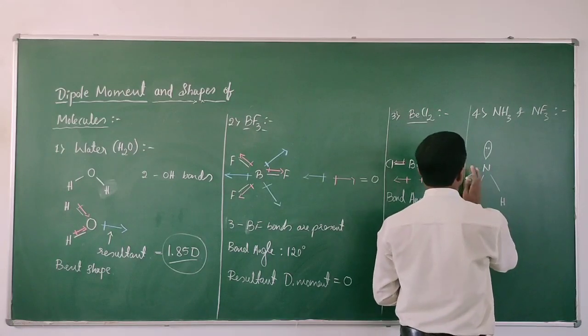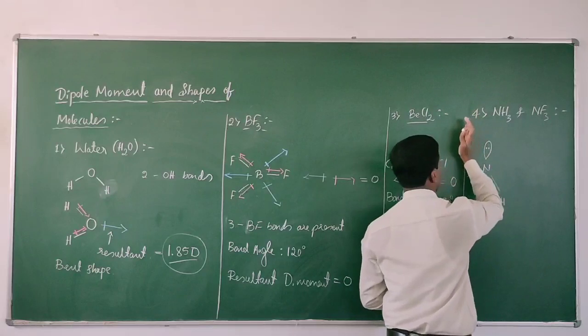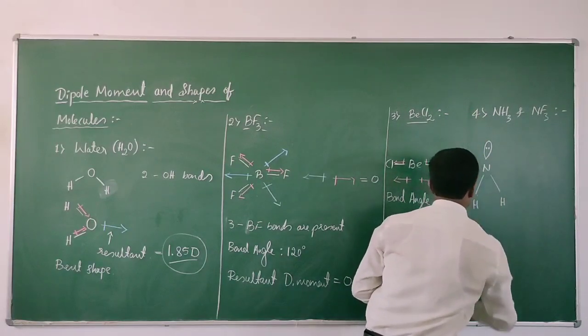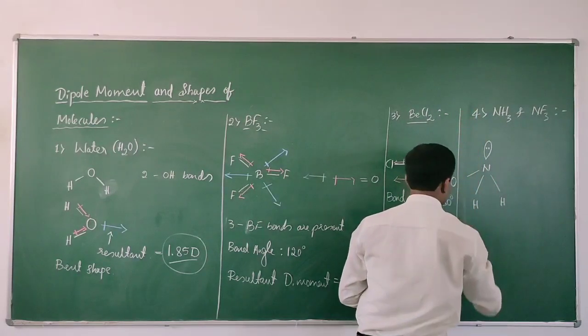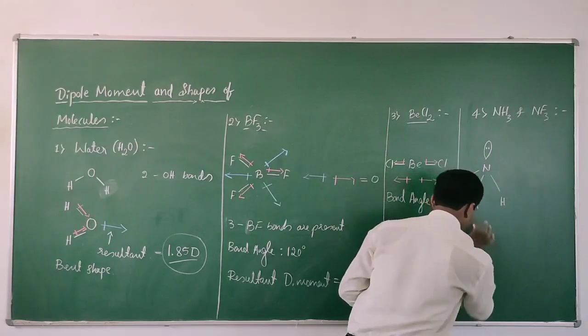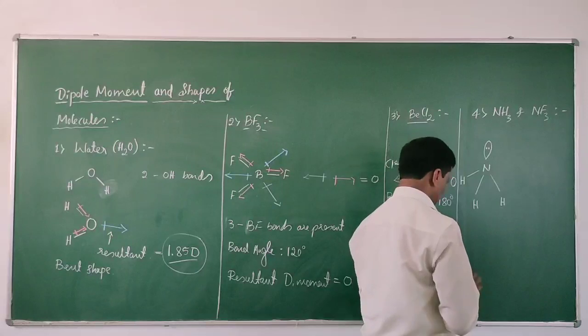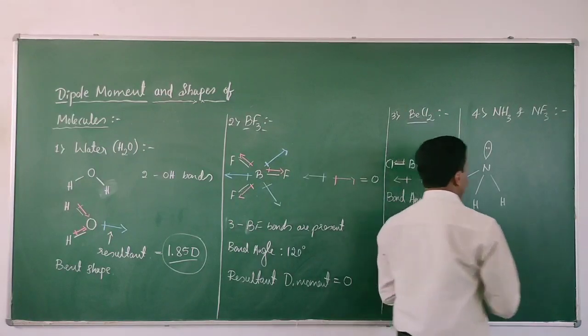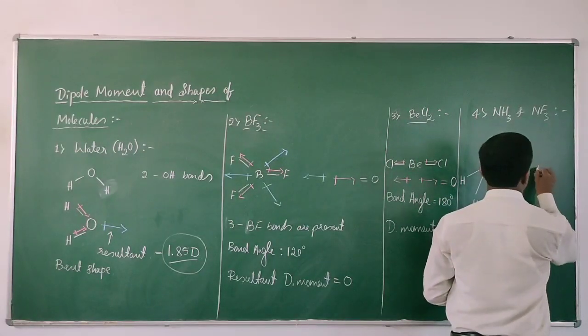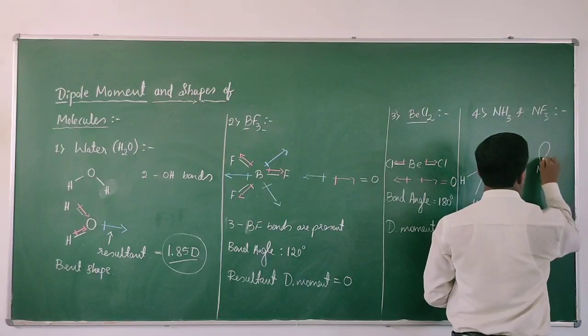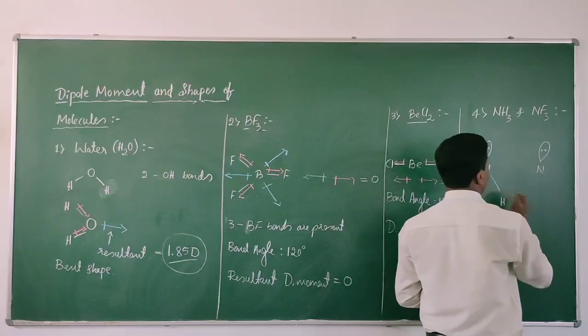This is the shape of what? The ammonia molecule. Shape of ammonia molecule. Okay? And here let us draw the shape of NF3 molecule, nitrogen trifluoride molecule.